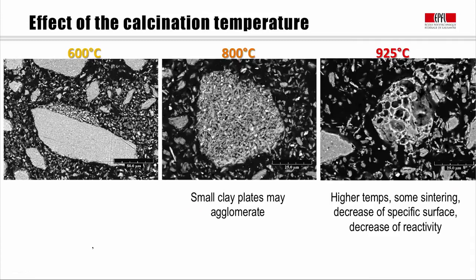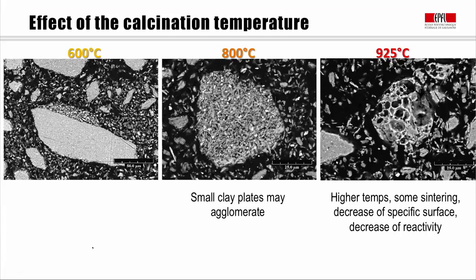Now, why do we have this decrease in reactivity? We can see that in this series here. This is the clay calcined at 600. We can see these agglomerates of these tiny clay platelets. Again, we can see these agglomerates at 800.